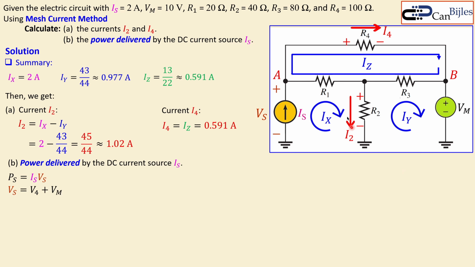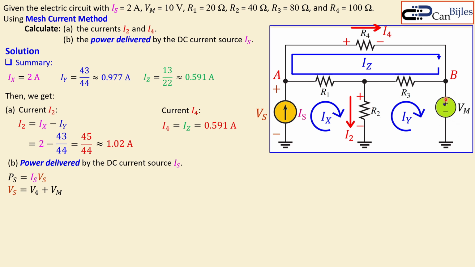Or you can say the voltage across R1 plus the voltage across R2. Or you can say also this: voltage across R1 plus voltage across R3 plus the voltage across Vm itself. So we of course take the much easier one.